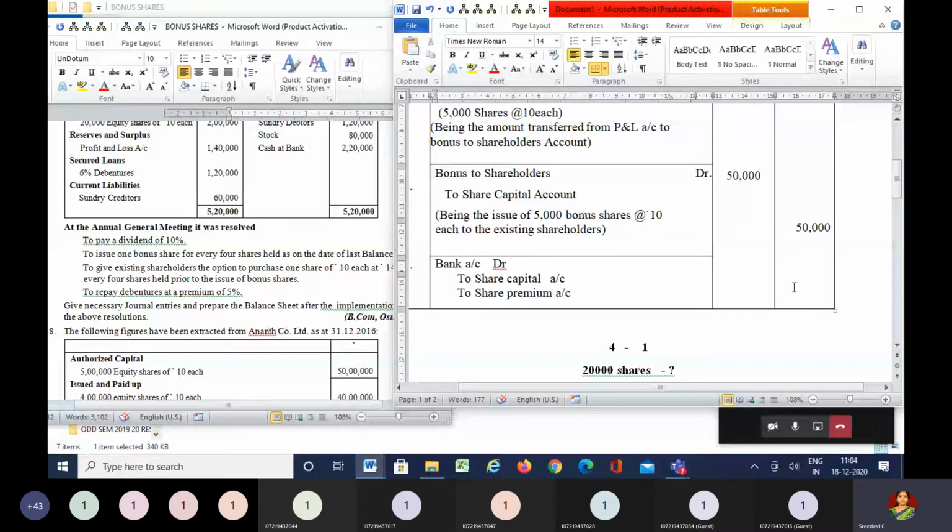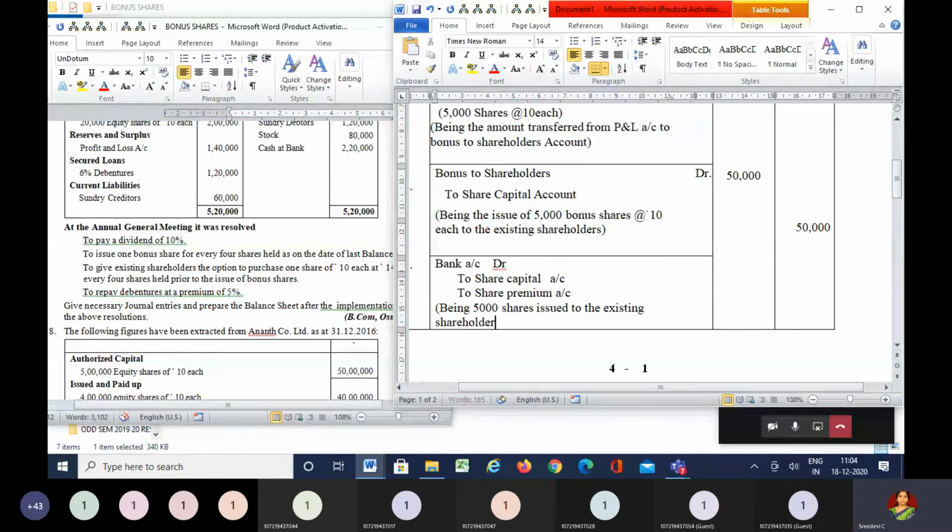The amount which is supposed to be credited to the capital account is on 50,000 shares. Shares issued to the existing shareholders at a premium of 4 rupees.